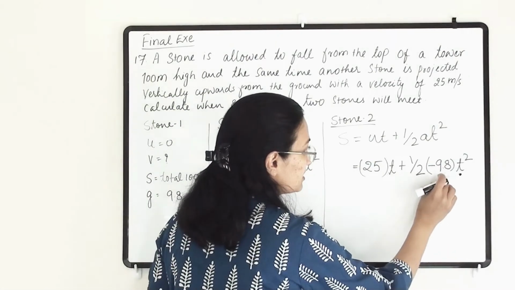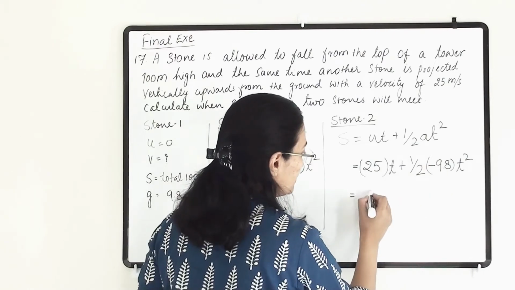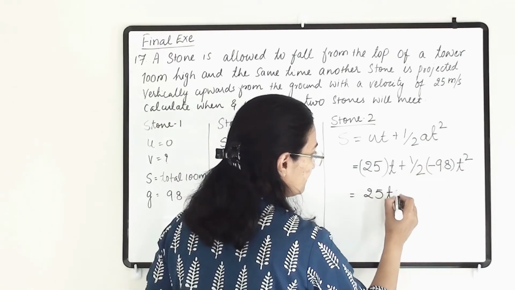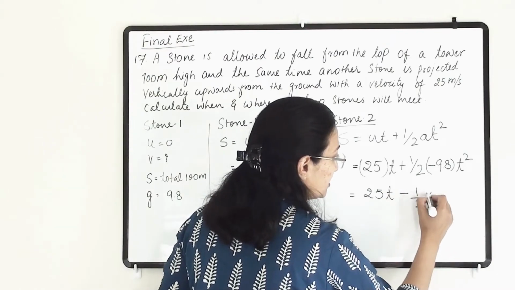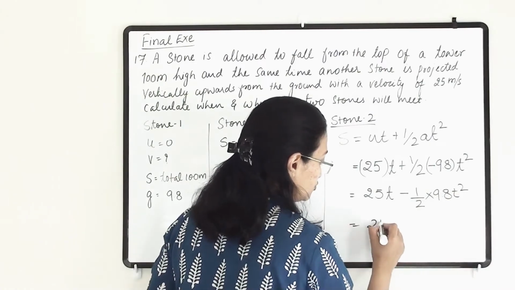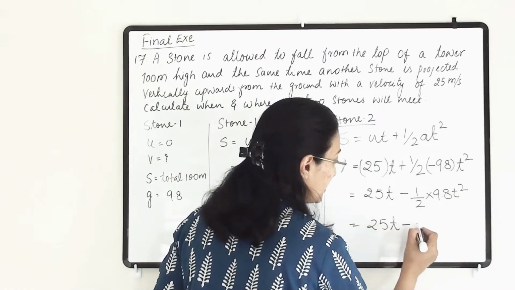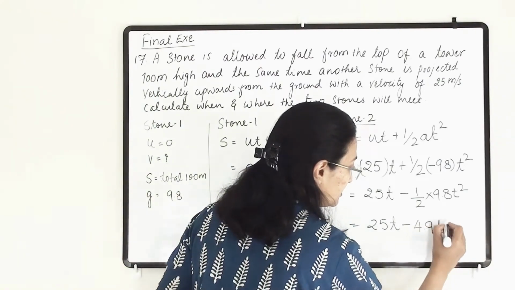So this a's value and g's value is coming here negative. So here we are going to get 25t minus 1/2 into 9.8 t square. So 25t minus, the same, 4.9 t square.